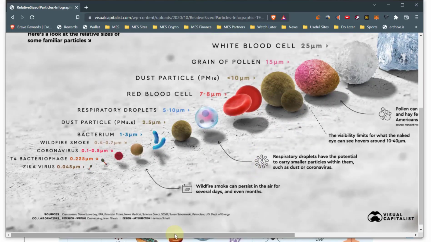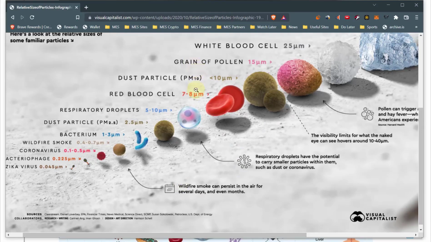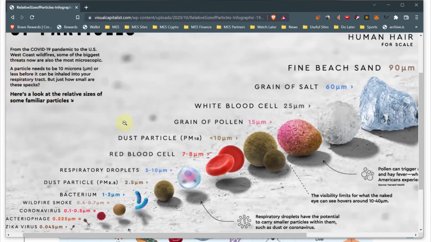So you can breathe in some dust, which is interesting. The next one is red blood cells, from 7 to 8 micrometers. It's getting really small now. Now you look at respiratory droplets, which are 5 to 10 micrometers, so these can go into the respiratory tract.